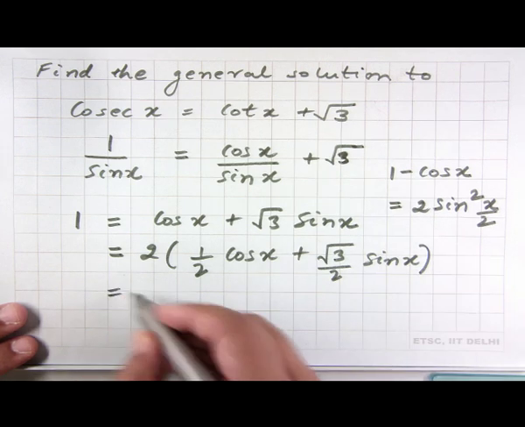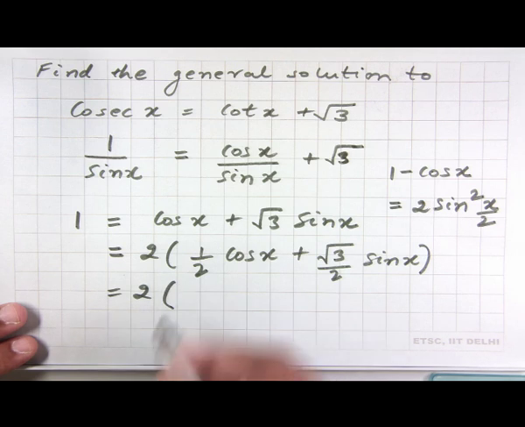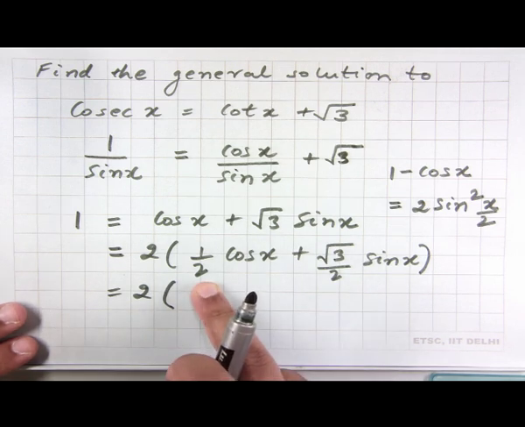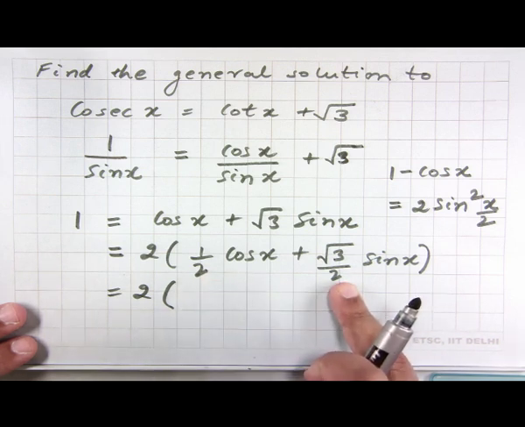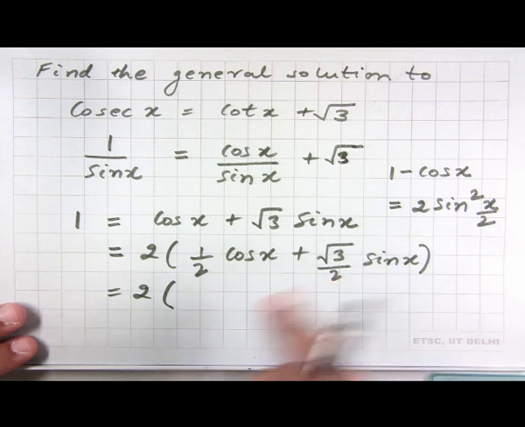Now here we know that we can replace half with cos of 60 degrees and root 3 by 2 with sine of 60 degrees, or we can even do it otherwise.